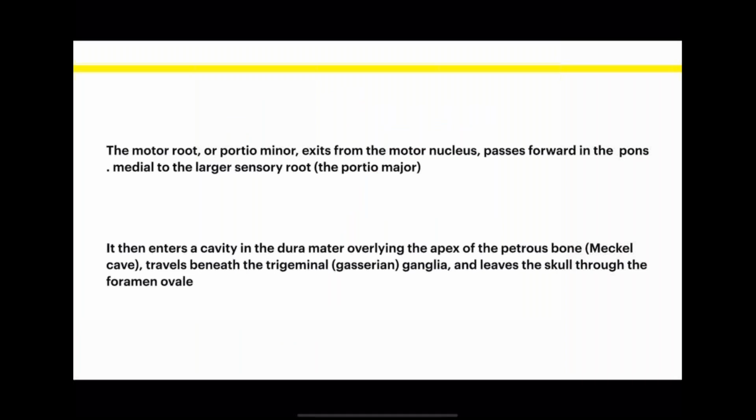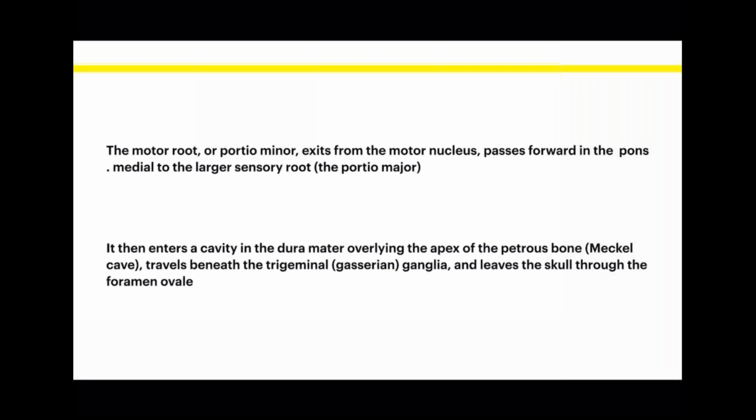The motor root, they call it portio minor, exits from the motor nucleus, passes forward in the pons, as we mentioned before, medially to the sensory. The sensory is called the portio major, and the motor is the portio minor.